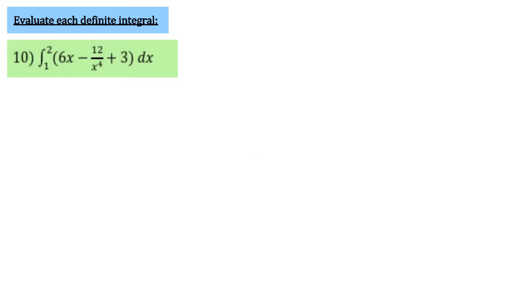Integral from 1 to 2 of 6x minus 12x divided by x to the power 4 plus 3, which can be written as the integral from 1 to 2 of 6x minus 12x to the power of negative 4 plus 3 dx.